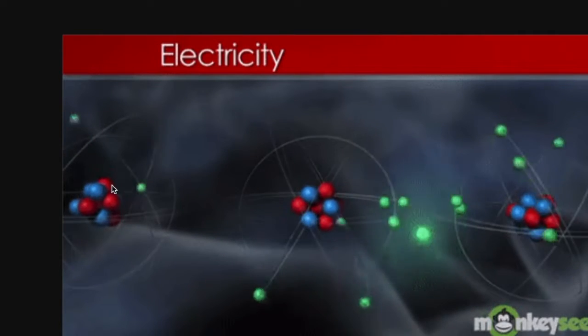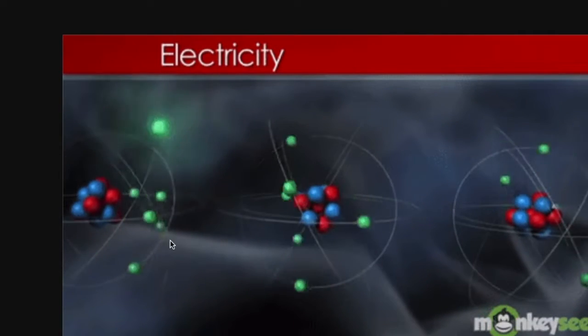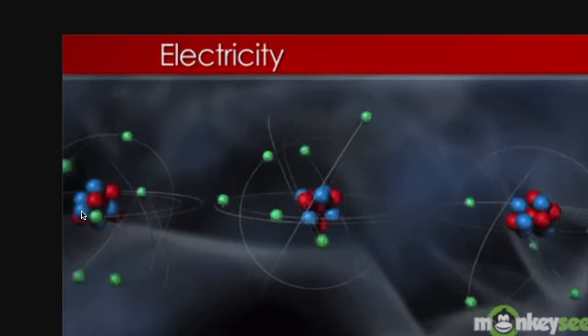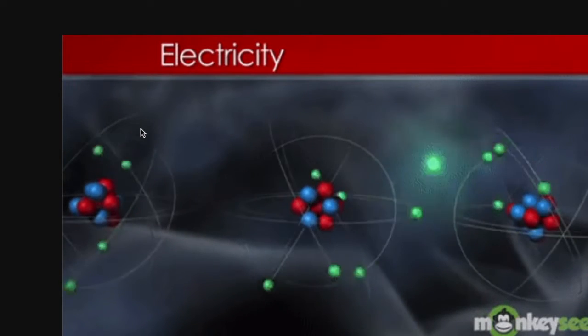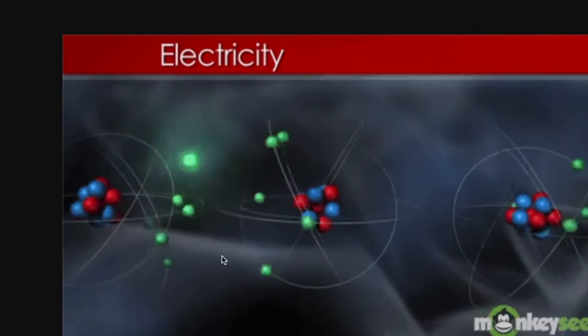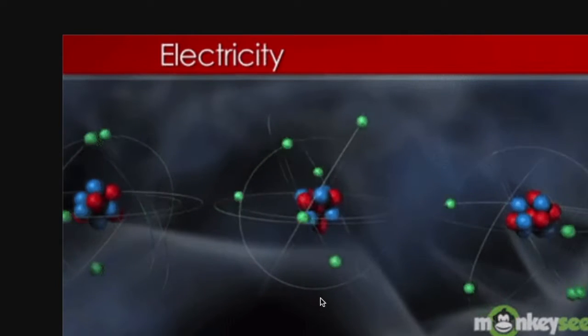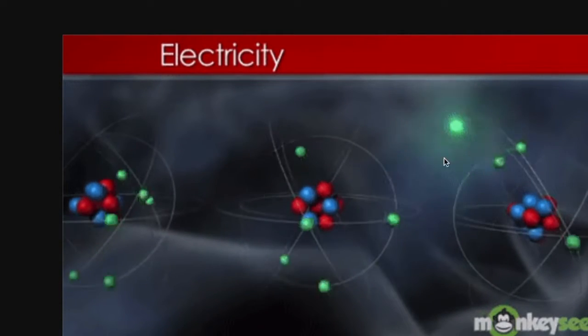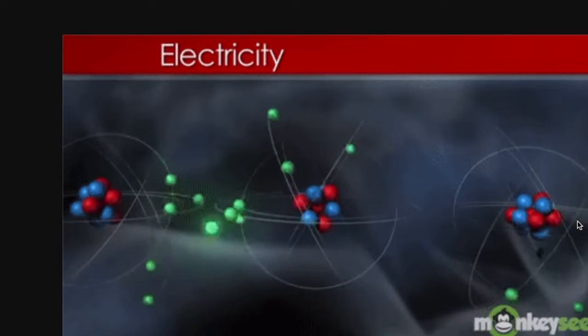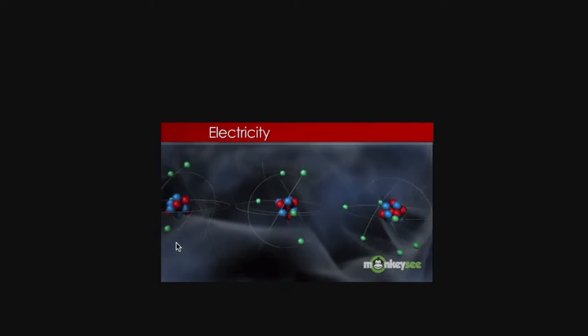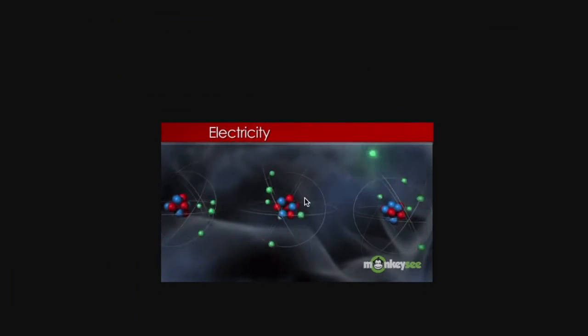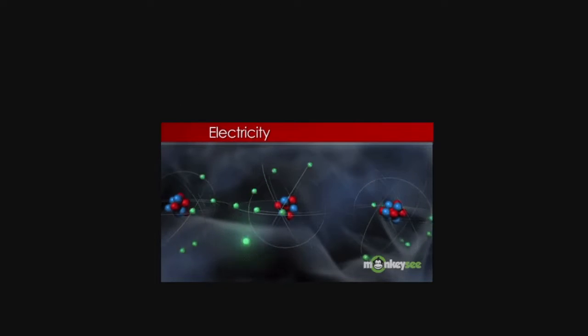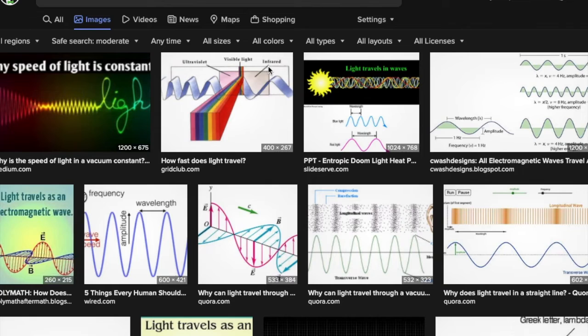They take the atoms of copper, and the outer shell is called the valence electron. So the valence electron jumps off of one atom of copper, goes on to the other one, spins around and jumps off of that one, and then goes on to the other one. And it continues like that, and it travels up and down the circles into a wave, up and down the atoms. So electricity also travels in a wave.